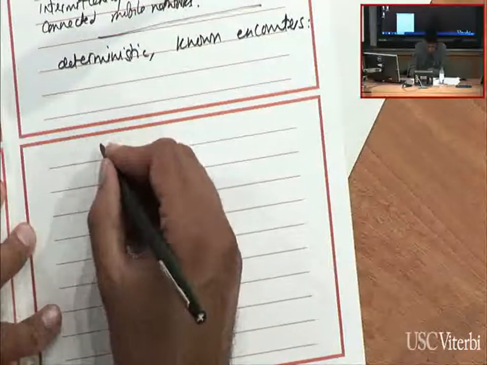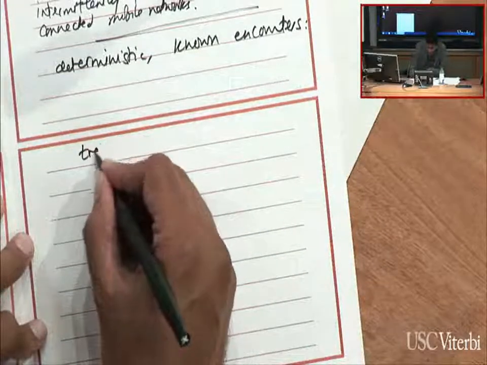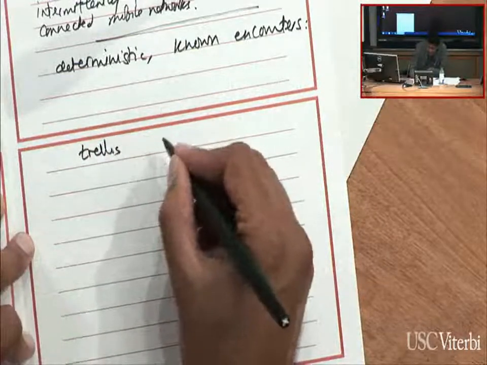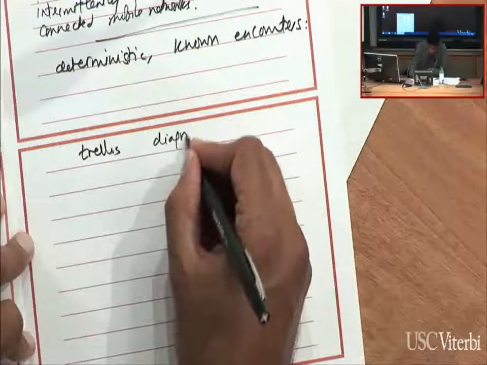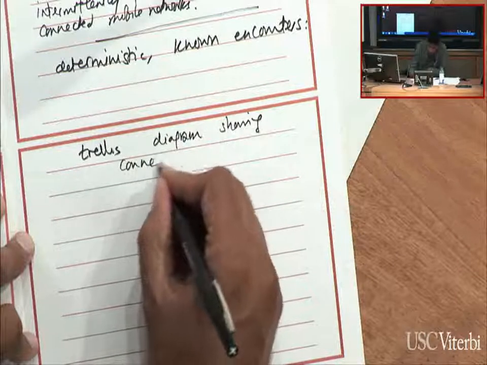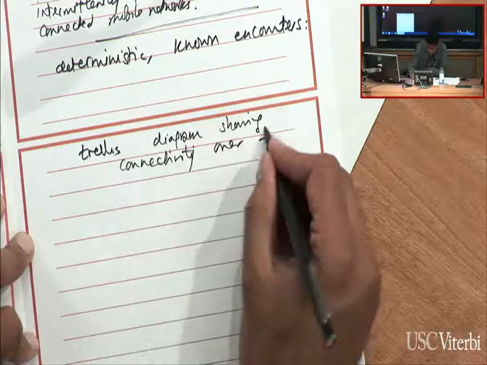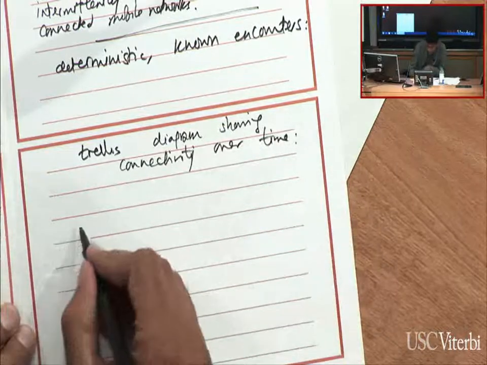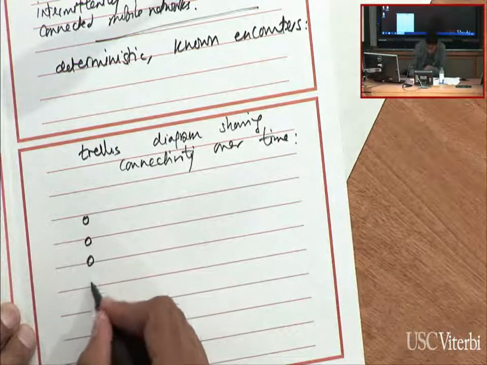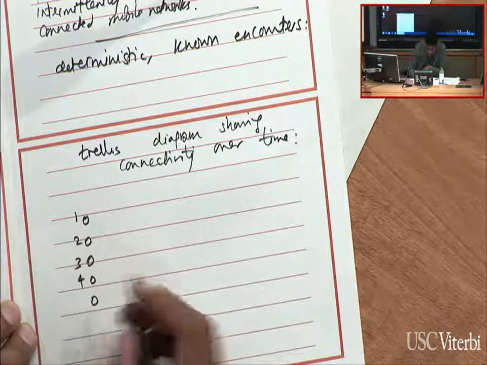So what we sometimes do to think about this problem is to think about drawing a trellis diagram showing connectivity over time. Okay, so let's just say these are the nodes in our network.